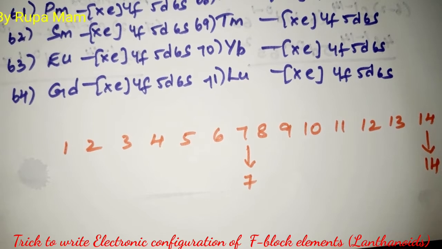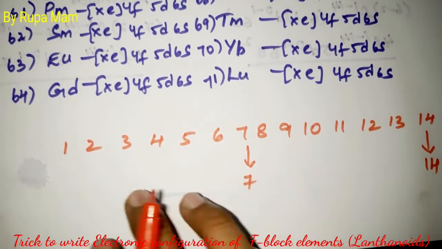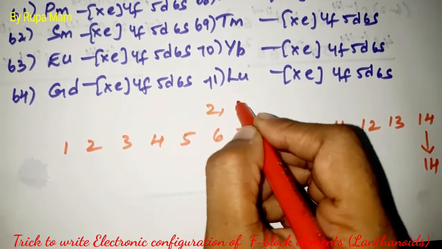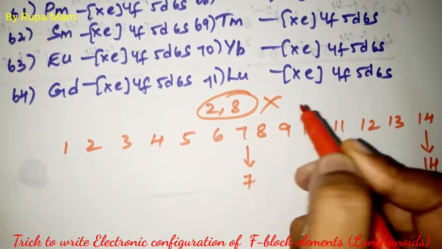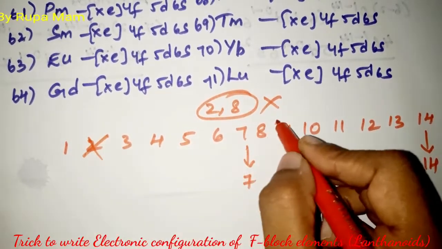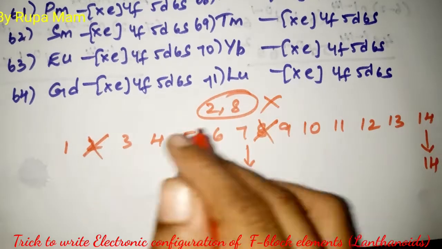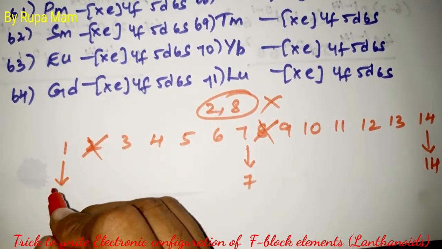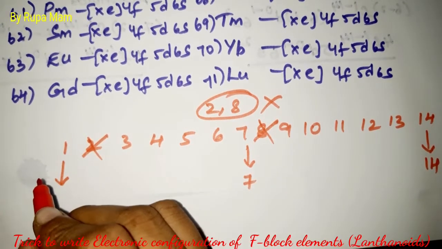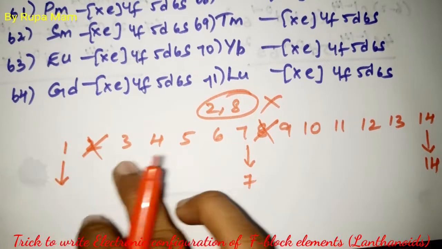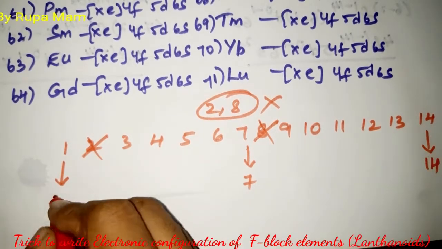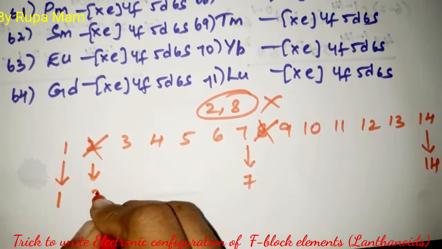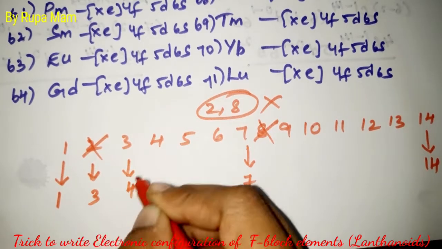The numbers we should not take are 2 and 8. Cross out the numbers 2 and 8. Then automatically write, as I explained in D block elements, how to write electronic configuration. In a similar way, I fill like this: 1, 3, 4.